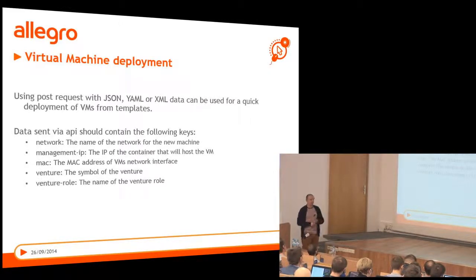And the second way is to use templates to build the virtual machine, and for that we have to create the device before we start the deployment. After that, we can continue the installation using the standard OS deployment, not from the template. Basically, we can use the API for that. We just need to specify the network, management IP, the MAC, and also the venture, so the Puppet manifest can be applied on it.